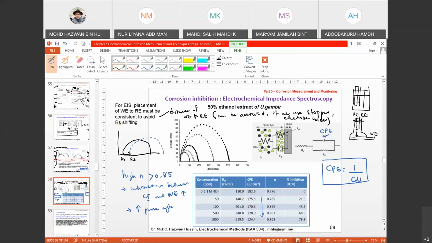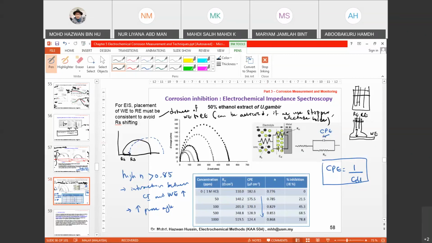I think in those days, for corrosion, people just used potentiodynamic polarization. So at that time, my previous supervisor, Professor Muhammad Jain, purchased a potentiostat with an EIS function, and I became the first person to do this.